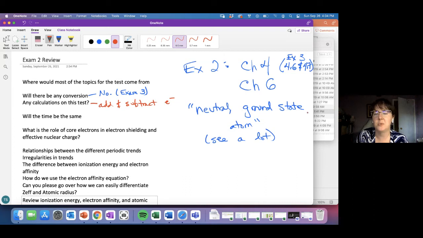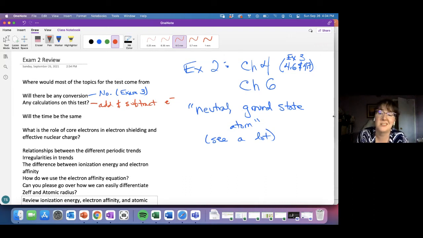I know that sounds really silly, and I realize that shouldn't happen, but I know myself, it does. So it's really common for me to have a calculator to add and subtract electrons. Not joking. So that would really be your only calculation for this exam, which makes life a bit easier.